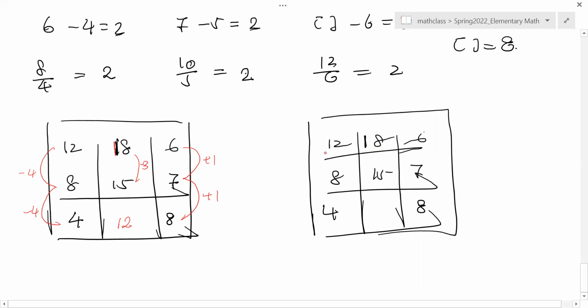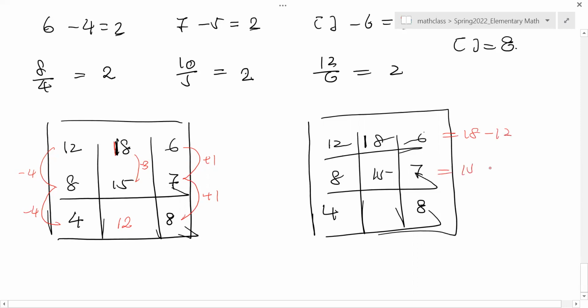Now, here's another way to do it. I look at each column, each row. Among those 3 numbers in each row, 12, 18, 6, 8, 15, 7, what's the relation? 4 and 8. The third number is going to be the second number minus the first number.